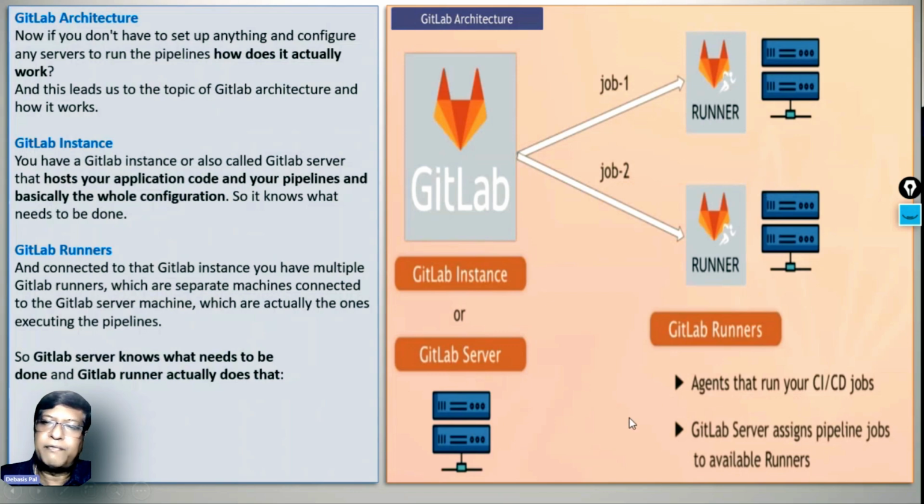Or you can have the agents, which is SaaS managed, that is managed by GitLab, which is called a shared runner. And shared runners are not very safe. Rather, when you work in an organization, you will be using a self-hosted runner, because your organization will not like to have a shared runner.